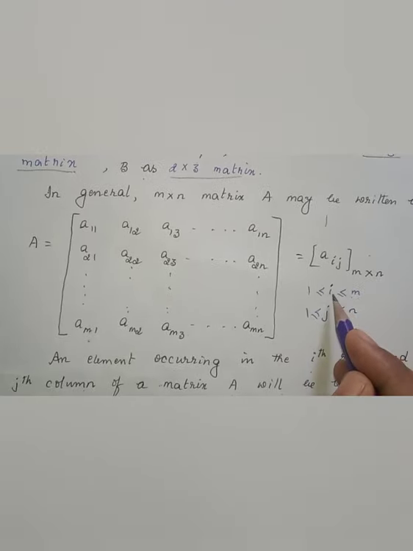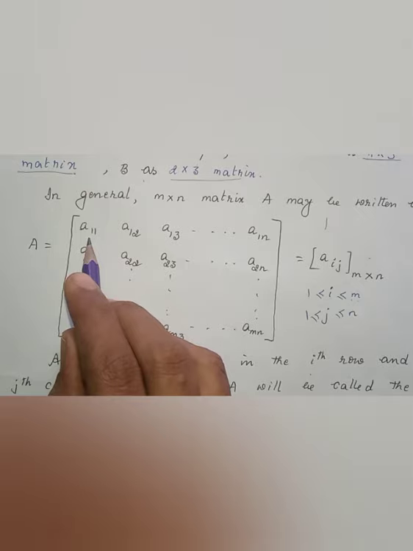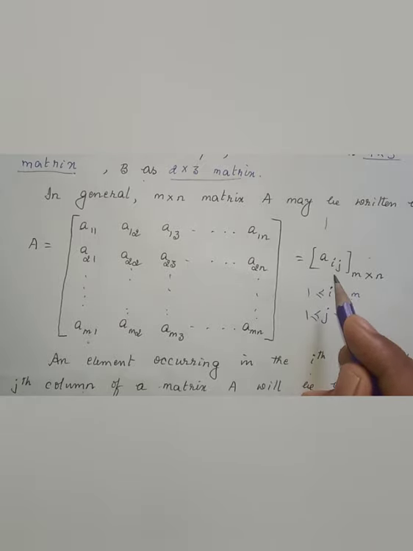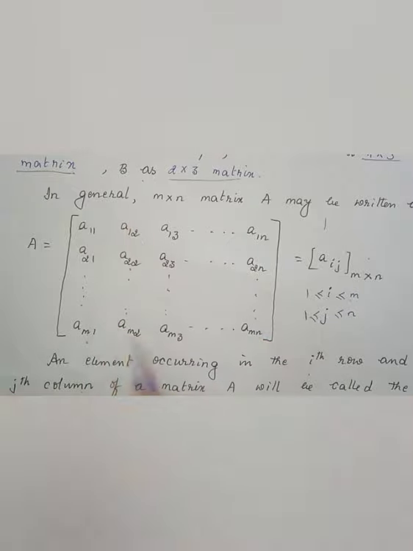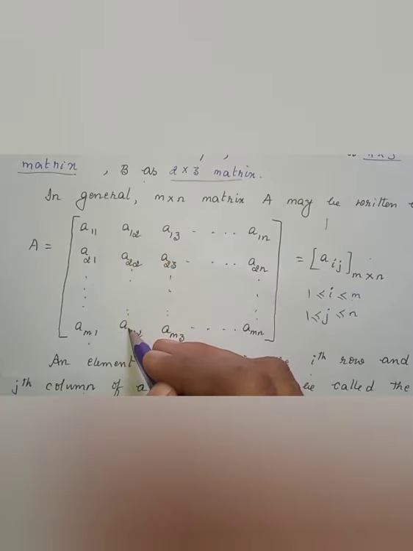That means if i is equal to 1 and j is equal to 1, that is the first element A11. If i is 1 and j is 2, that is the second element of the first row. That is A12, which lies in the first row, second column.